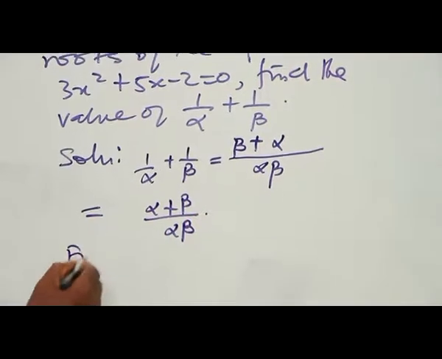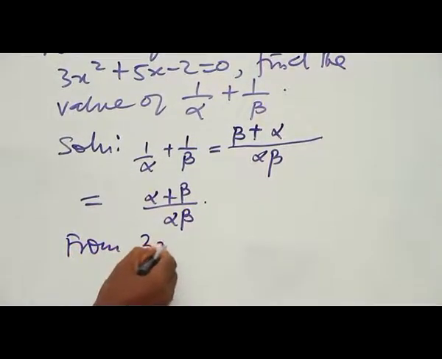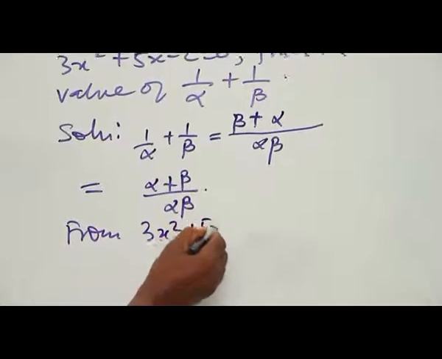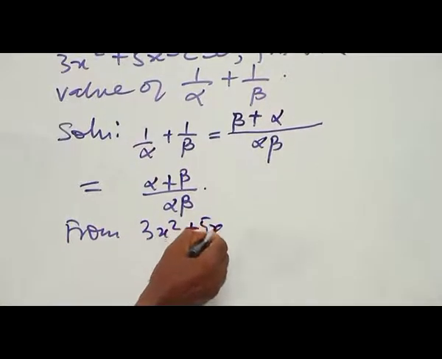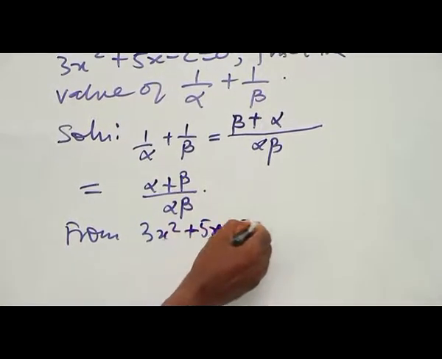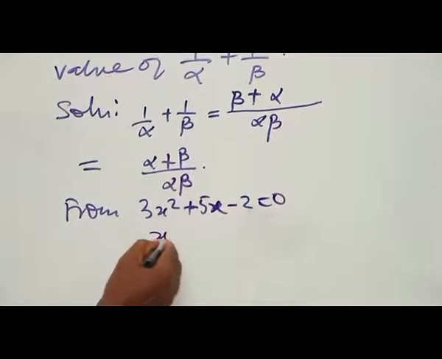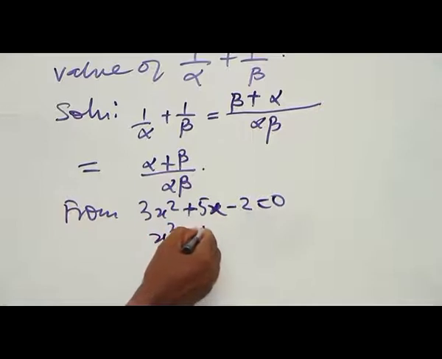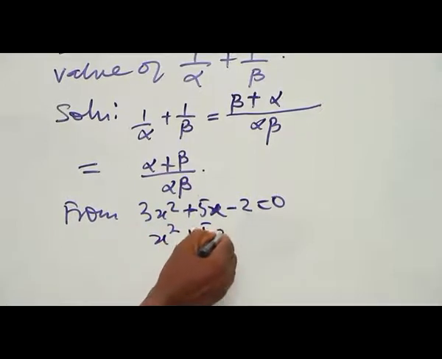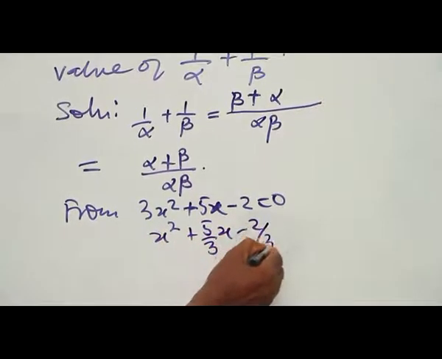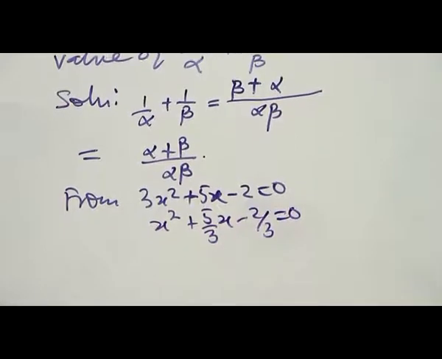From the equation 3s squared plus 5s minus 2 equal to 0, we can divide all through by 3, so this becomes s squared plus 5 all over 3 s minus 2 all over 3, equal to 0.